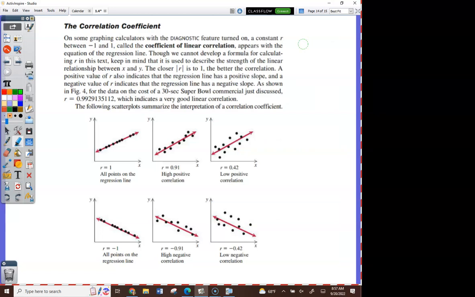If you look right here, these all have positive slopes. These are all examples of positive correlations. And then down here, these are all examples of negative correlations.